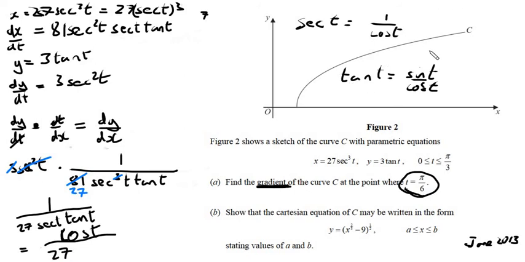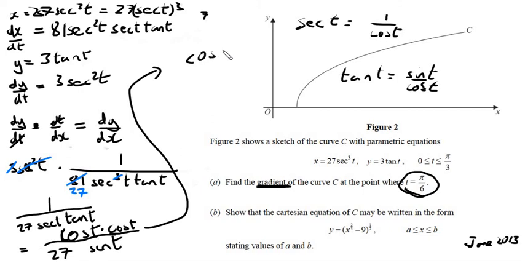Now 1 over sine t over cos t is going to give us cos t over sine t, so times cosine t over sine t. Okay, so this is the same thing as saying cos squared t over 27 sine t.